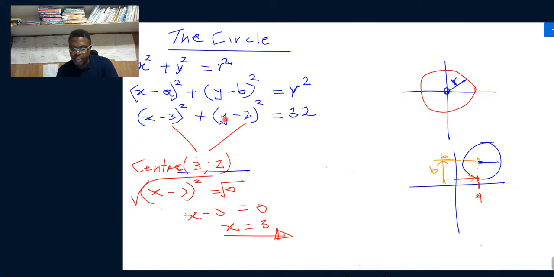You open 2 brackets, y minus 2, y minus 2, and you end up with y squared minus 4y plus 4. Here you're going to have x squared minus 6x plus 9, all equals to 32.